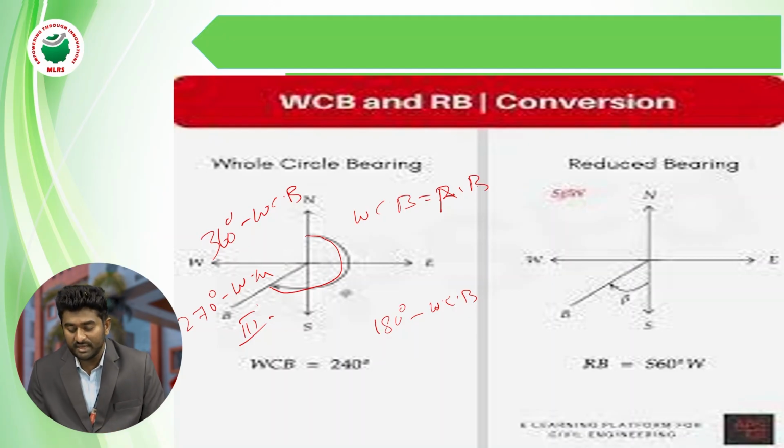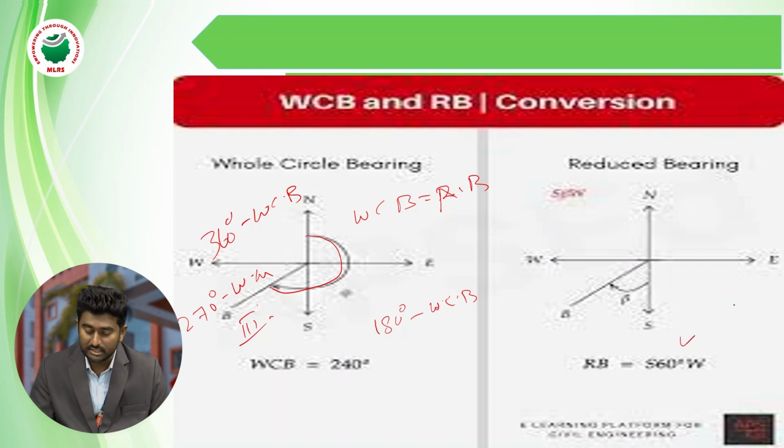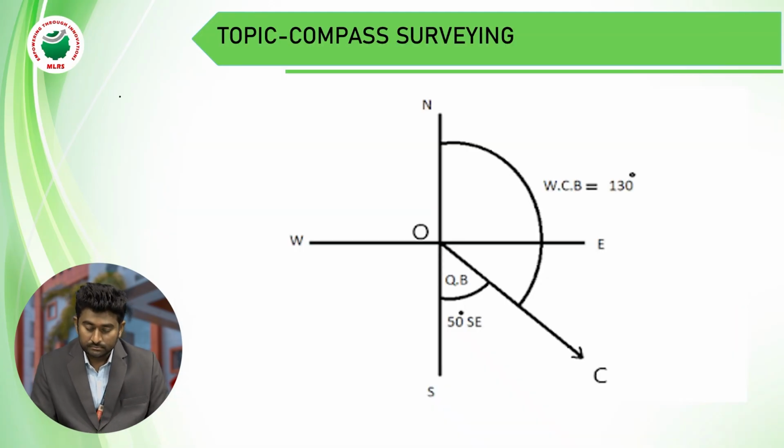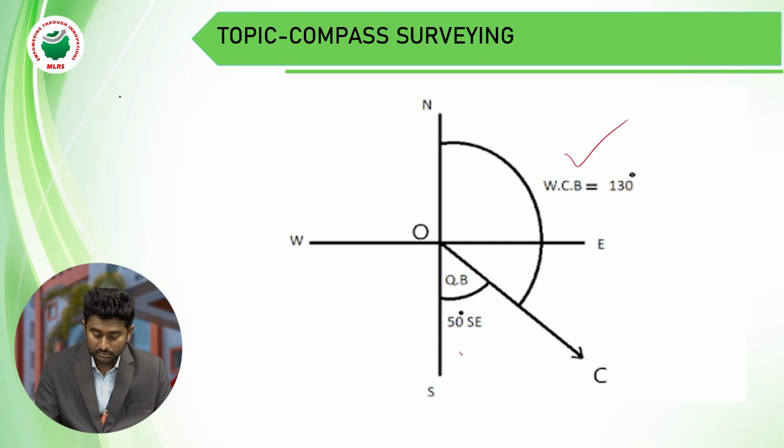Now coming to the reduced bearing system, only north reference line to south reference line. The angle made by the north reference line or south reference line to the survey line is known as the reduced bearing. This is an example of whole circle bearing value, reduced bearing, quadrantal bearing value.